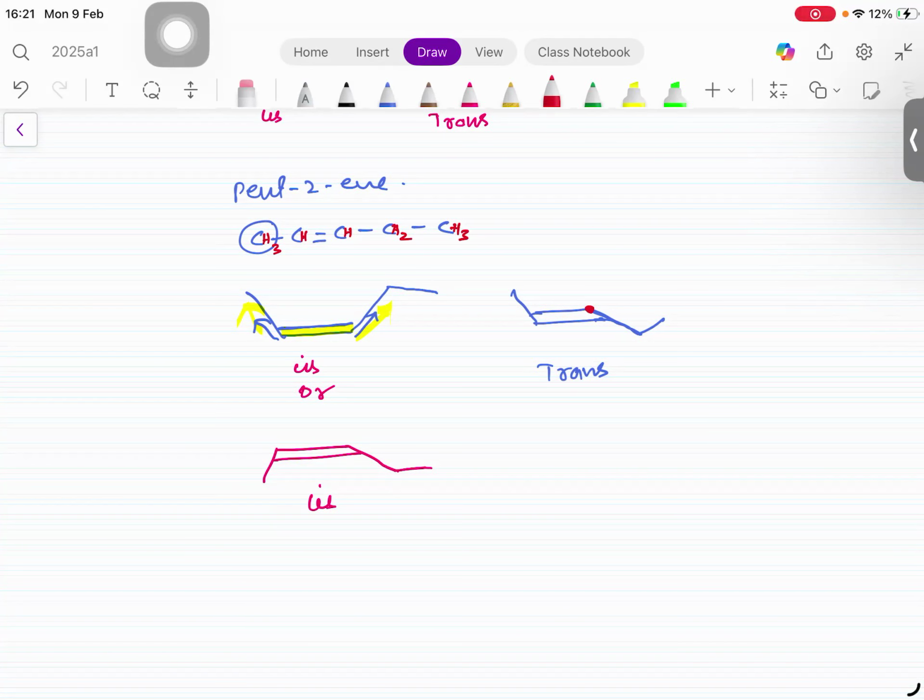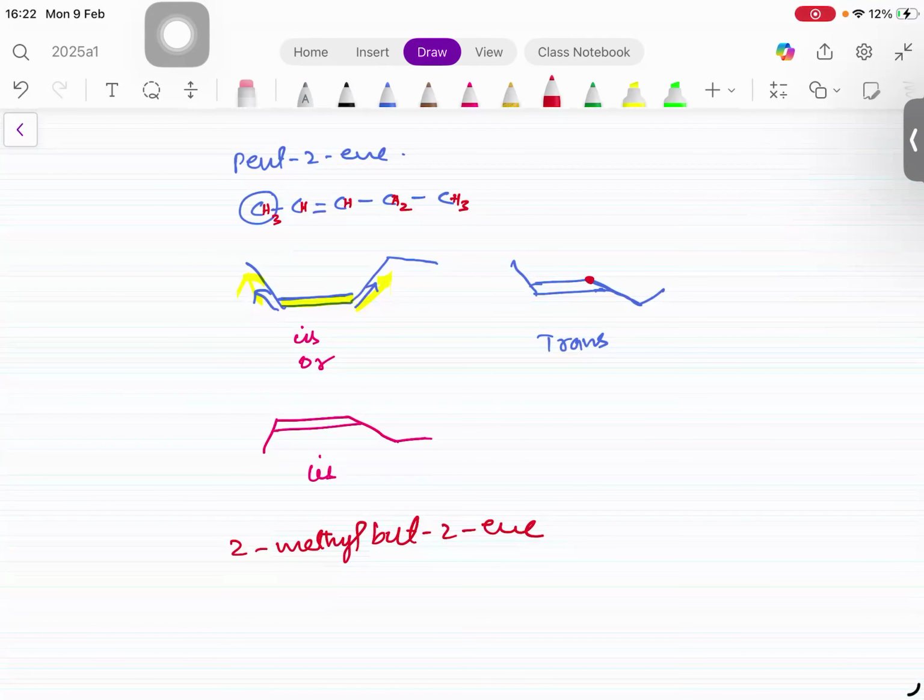Okay, you have to show the skeletal formula of 2-methylbutene, cis and trans isomers.